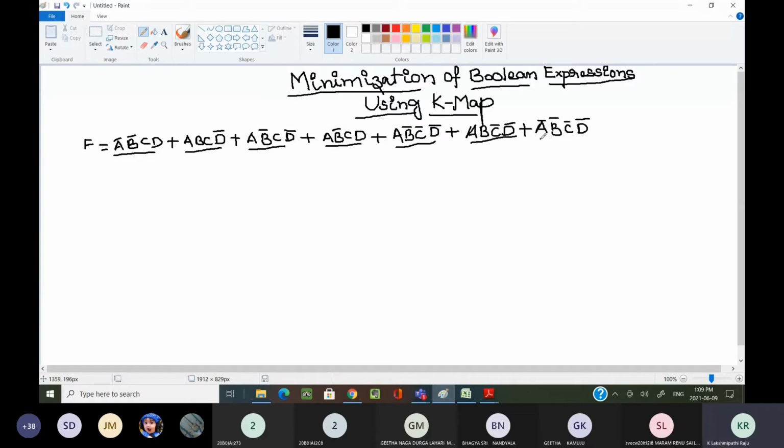The given expression is an SOP expression, so I can understand that I have to draw a 4 variable K-map, because each and every term contains all the 4 literals. That means the function has 4 variables.